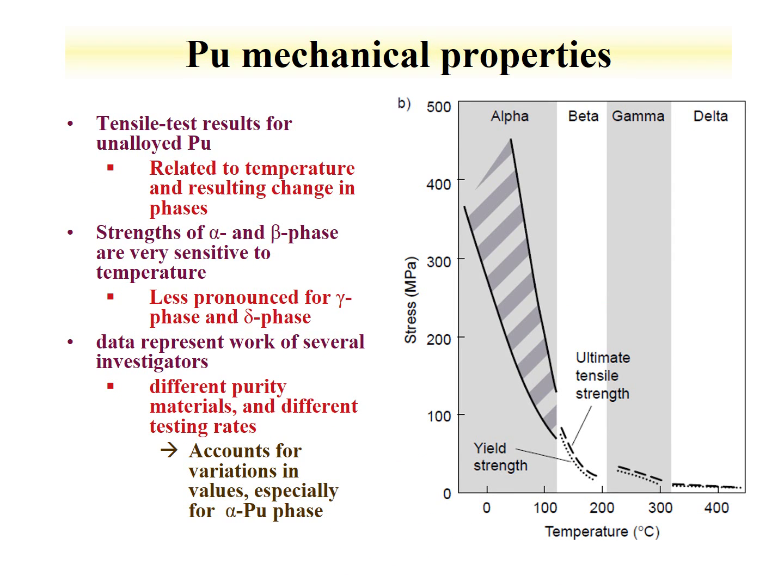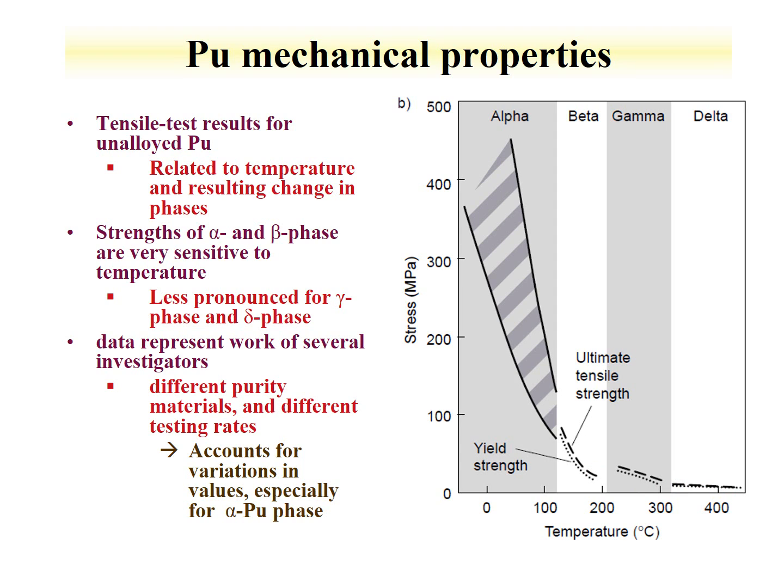The influence of temperature on the strengths of plutonium phases has been examined, and it's found that the alpha and beta phases are very sensitive to temperature, as we see that the stress changes dramatically as a function of temperature, where for the gamma and delta phases over here the change is less pronounced.